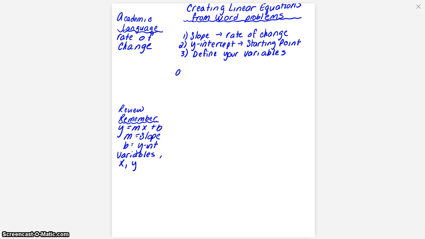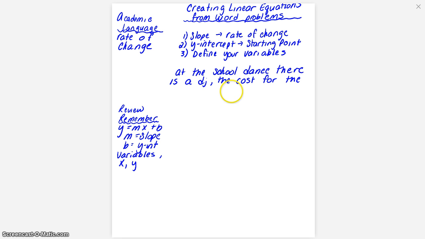So at the school dance, there is a DJ, right? And the cost for the DJ to come out to the school is, let's say, $375. Okay?